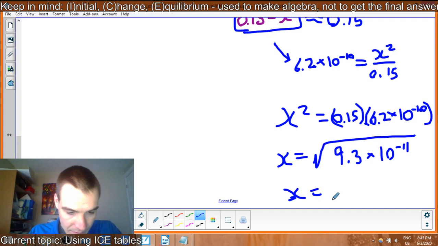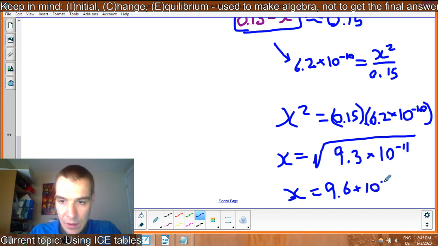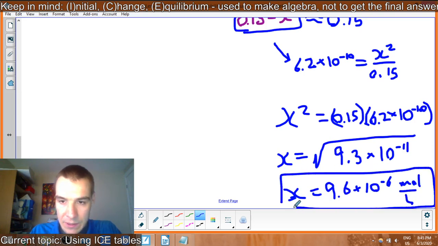It is 9.6 times 10 to the negative 6 moles per liter.